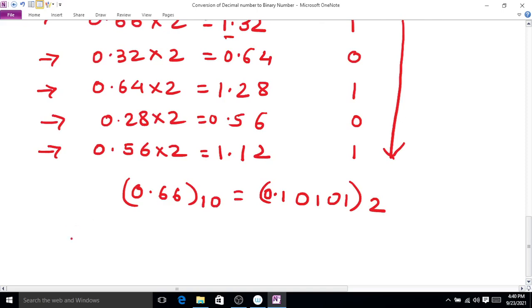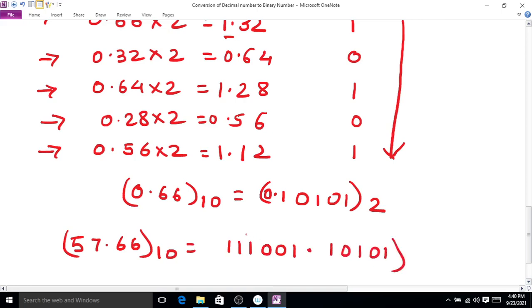So now 57.66, this decimal number is written as 111001.10101. So this is nothing but our binary equivalent for 57.66. Thank you.